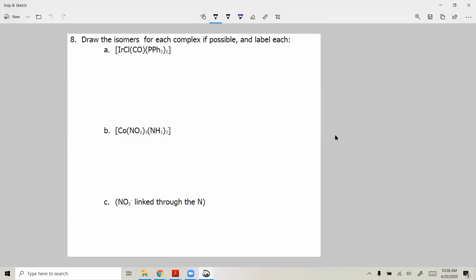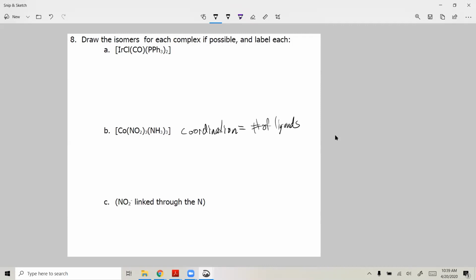So when we're looking at this cobalt, we would like to know our coordination number for our cobalt. How many things is it associated with? So for coordination number, we look at your number of ligands.